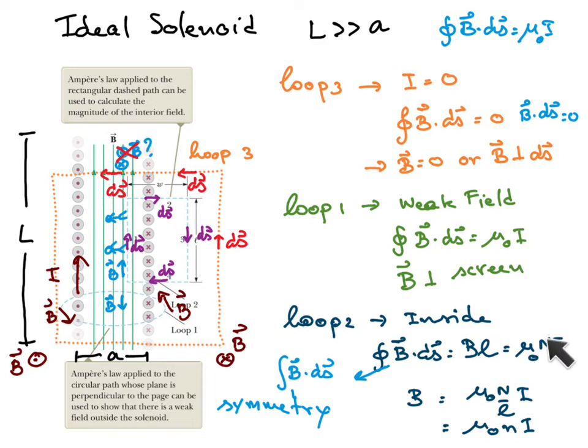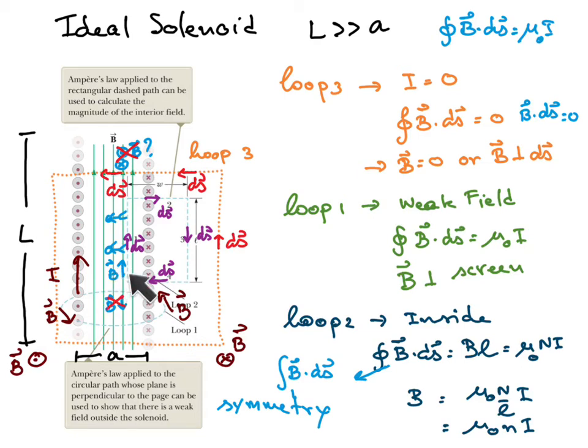I will explain what the meaning of n is soon. So b dot ds must be positive, and b dot ds is positive only if b points along this direction. So the other choice is impossible.